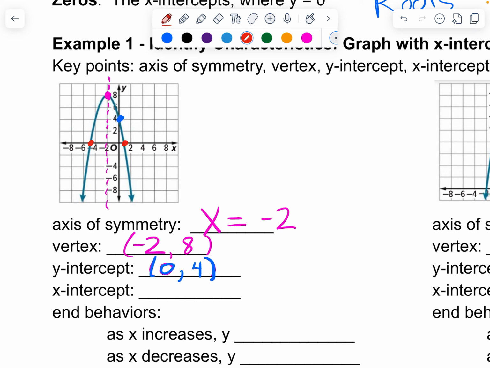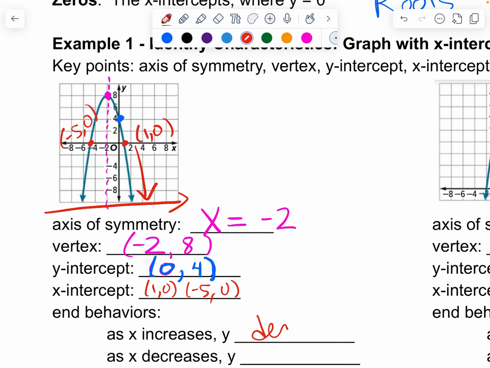The y-intercept, so it hits here and it hits here. We're guessing that it's evenly distributed. So 1, 0 and -5, 0. Then, as x increases, so we're going this direction, the y value is going this direction.